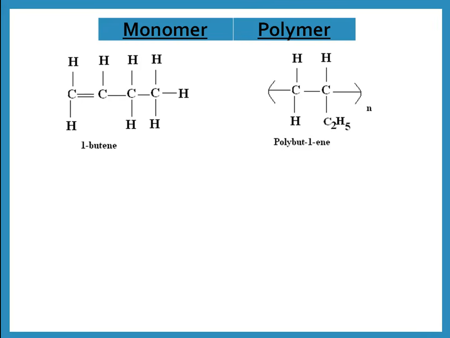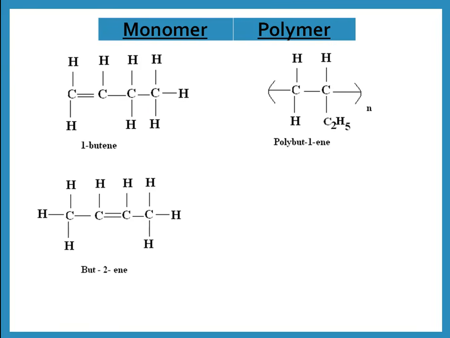How to draw a polymer of 1-butene? Again, we look at only the 2 carbons that have the double bond, change it into a single bond, a bond from before and a bond after to join to the molecules before and after them. And then you look at each carbon and you see what it is bonded to. So that first carbon is bonded to a hydrogen and a hydrogen. The second carbon on the other end of the double bond is bonded to a hydrogen and to a group of 2 carbons with 5 hydrogens.